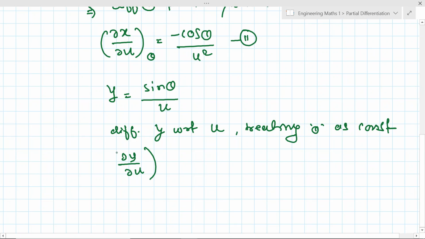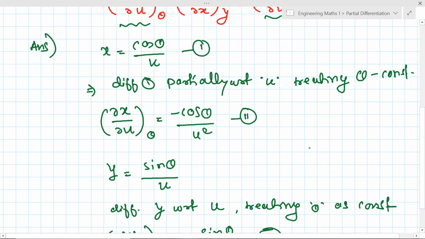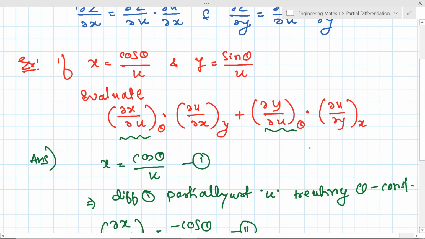Suffix theta means we just treat theta as a constant. The derivative of 1 upon u is minus 1 upon u square and sine theta as it is. So this is minus sine theta divided by u square. Call it as equation number 3. Now we have two things: ∂x/∂u treating theta constant, and ∂y/∂u treating theta constant.